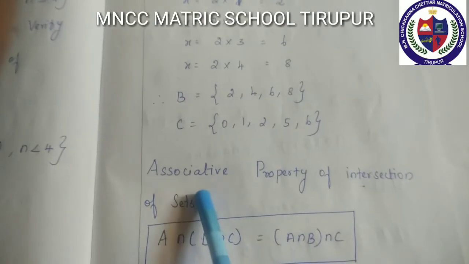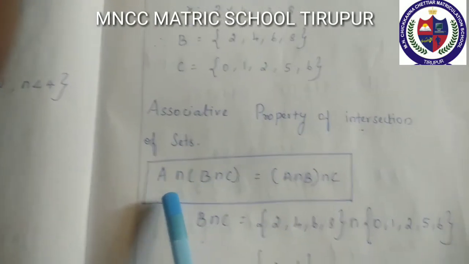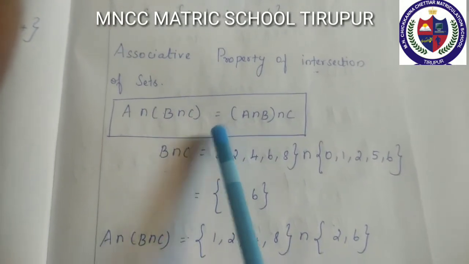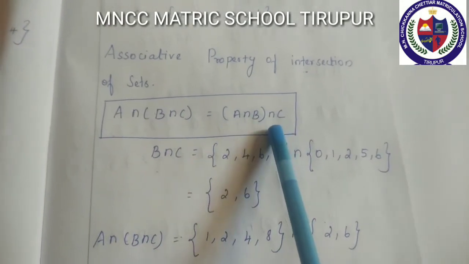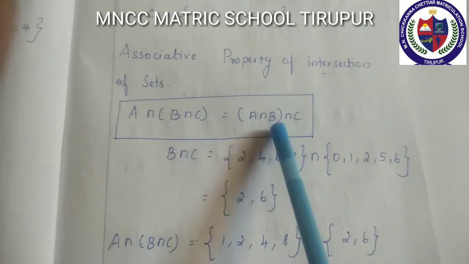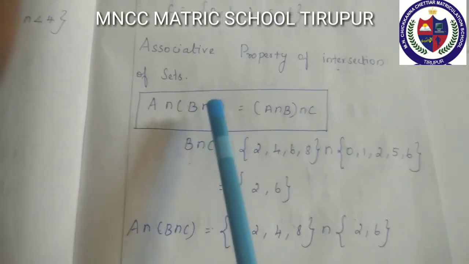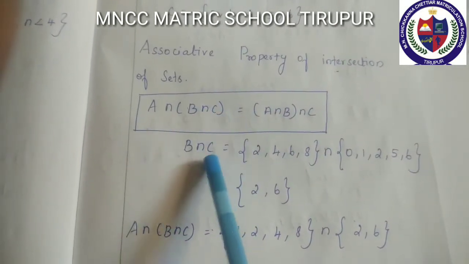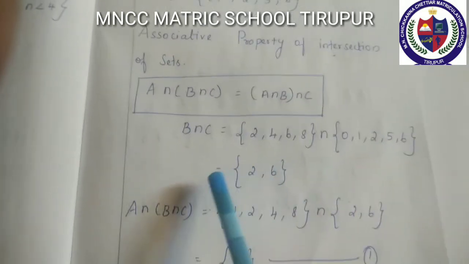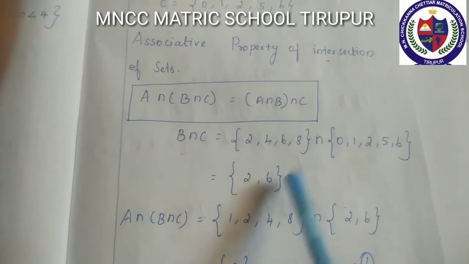Then the question: associative property of intersection of sets. Formula: we know that A intersection (B intersection C) is equal to (A intersection B) intersection C. First we find the left hand side, next the right hand side. If both sets are equal, hence proved. First, B intersection C is equal to the value of B intersection the value of C, so the common elements in both sets: 2, 6.